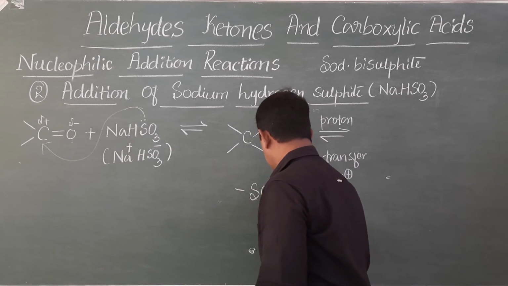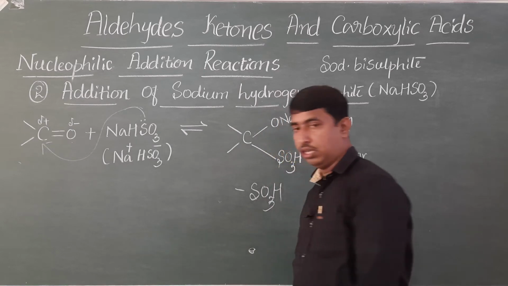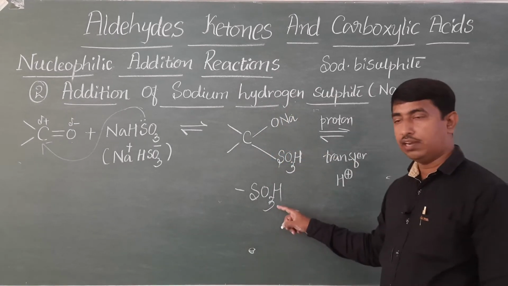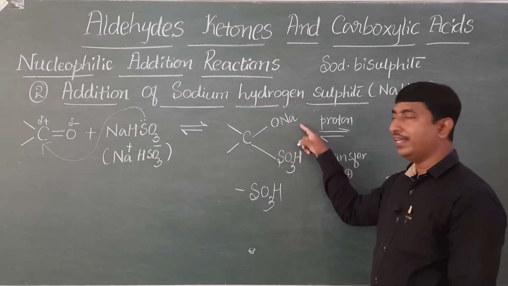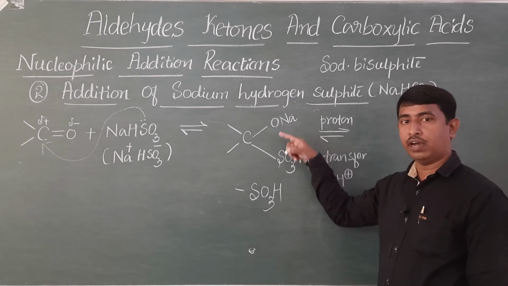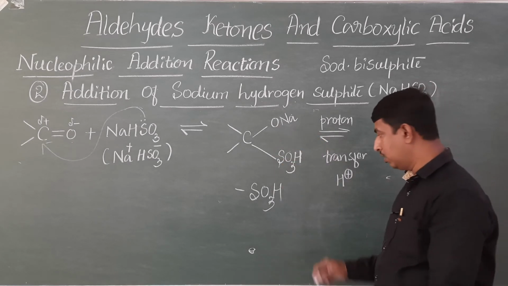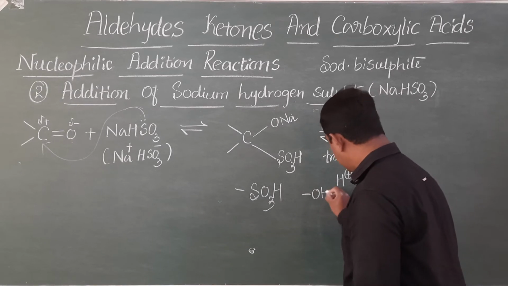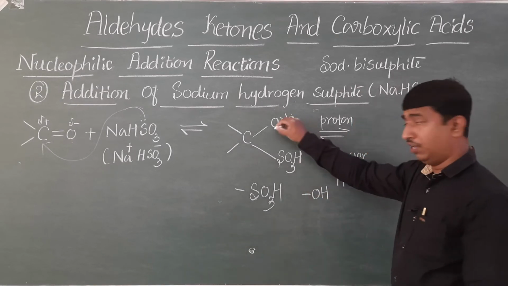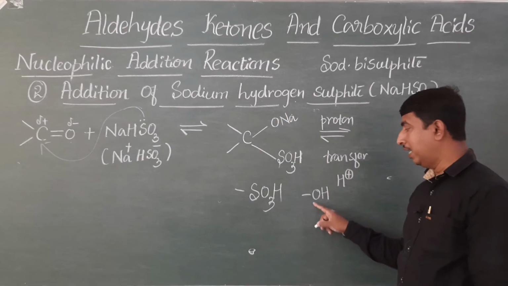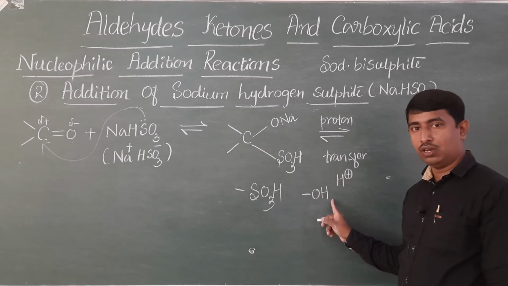See, SO3H, this is sulfonic acid. ONa means it is the sodium salt of an alcohol. Originally it is OH only, and now it is in salt form. Actually, it is in alcoholic form.